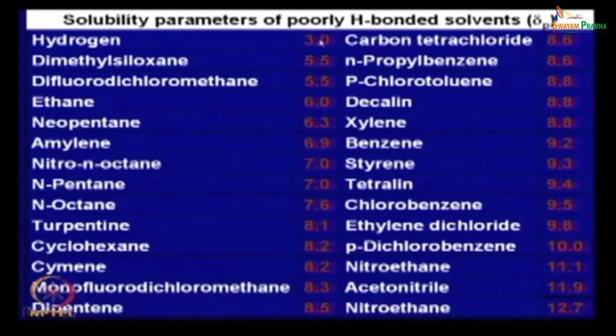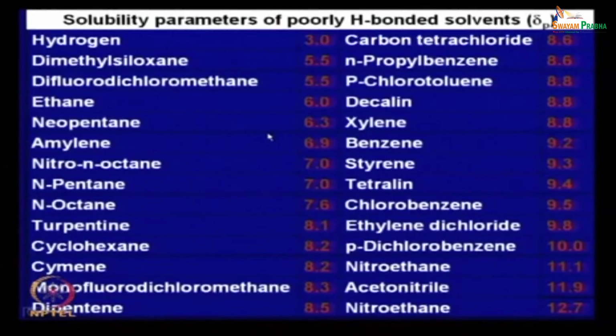These are for poorly hydrogen bonded solvents: carbon tetrachloride, propyl benzene, decalin, a hydrocarbon solvent, xylene, an aromatic hydrocarbon solvent, benzene, an aromatic hydrocarbon solvent, styrene, whose structure is different from that of benzene, tetraline, chlorobenzene. So, these solvents are considered as solvents whose hydrogen bonding effect is minimum, poorly hydrogen bonded solvents.